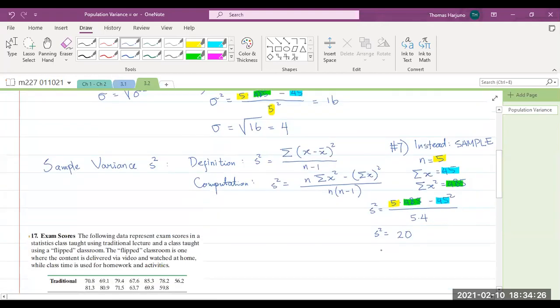And sample standard deviation, S, will be the square root of 20. In 5 decimal places, 4.4721356, so it's like 359, that's like 40. Okay, sample standard deviation is the square root of sample variance.